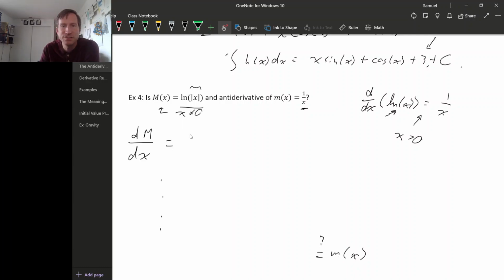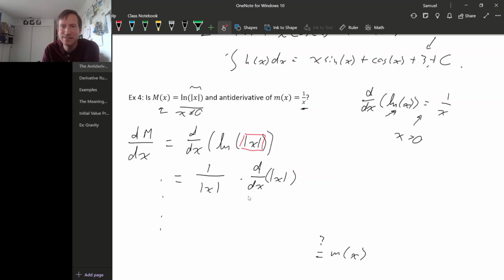All right, so let's differentiate with respect to x the function natural log absolute value of x. And we have to use the chain rule here because we have a natural log with some other function inside of it. So the derivative of natural log is 1 over, and then put the inside function in here, and then multiply by the derivative of the inside function, so the derivative of absolute value x.